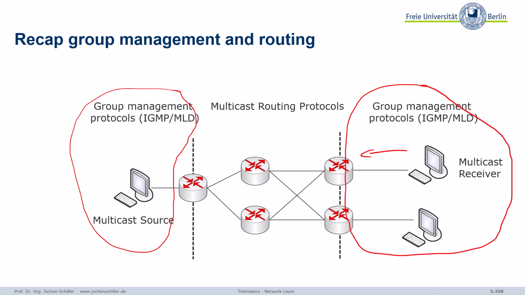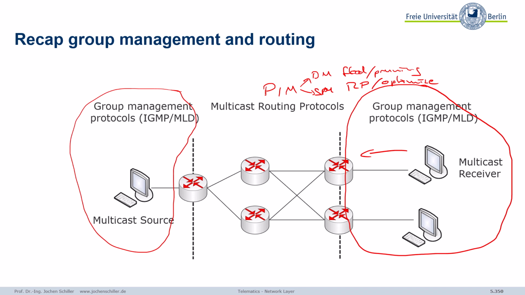In between, we have the multicast routing protocols, like PIM that we just saw, one with dense mode that works with flooding and pruning, and the sparse mode where we use rendezvous points, plus we can optimize to create these source trees.